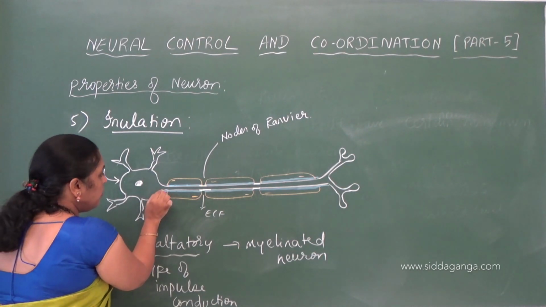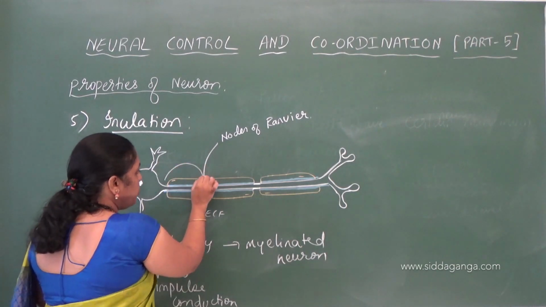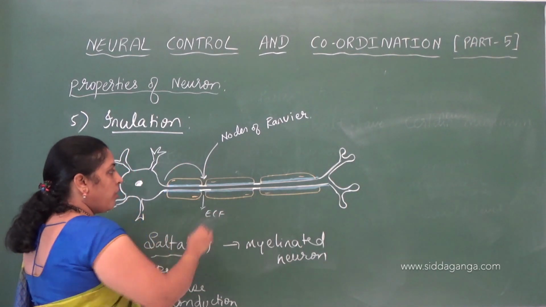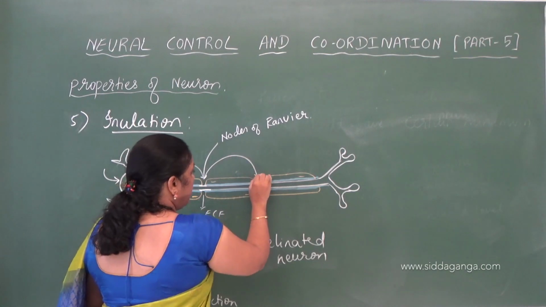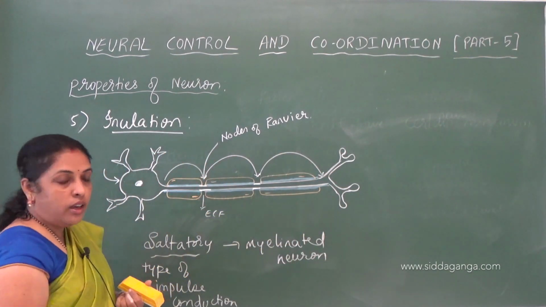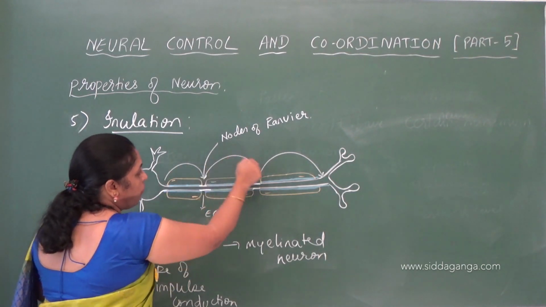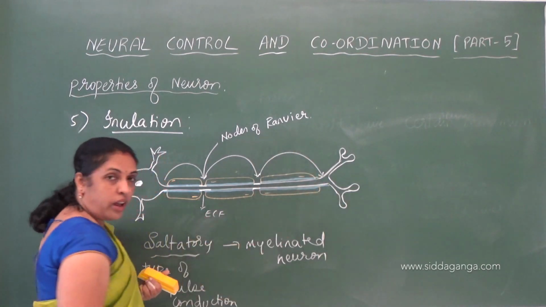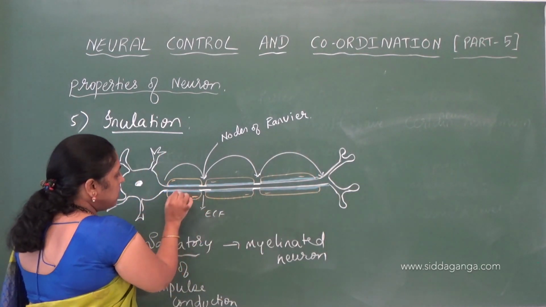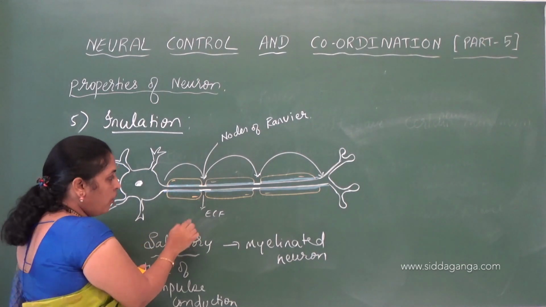From here the stimulus will shift to this node of Ranvier. From here again it shifts to here, then it shifts to the nerve terminal. So, the action potential shifts from one node of Ranvier to another node of Ranvier, because this part is not in contact with the extracellular fluid.